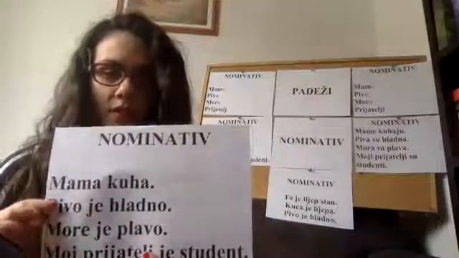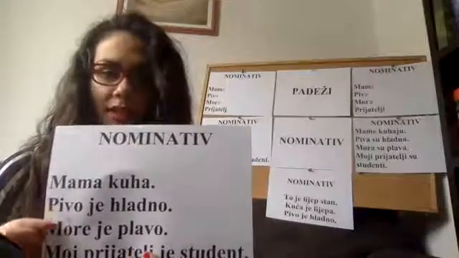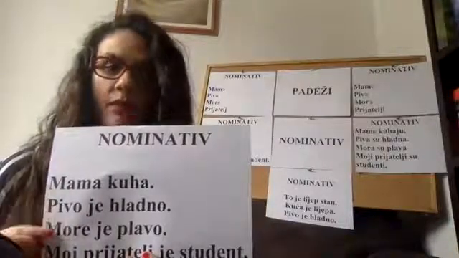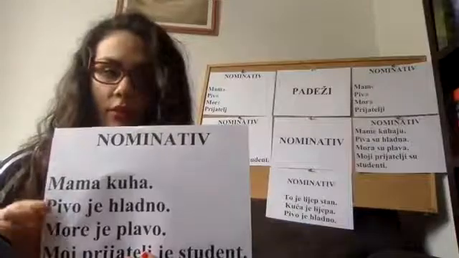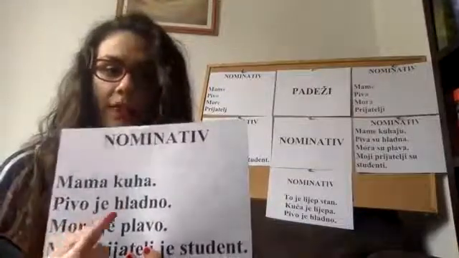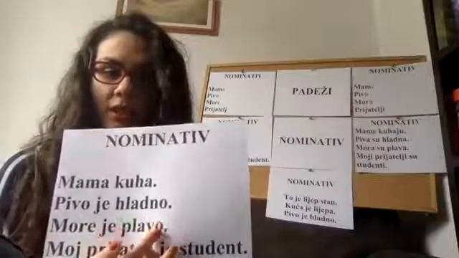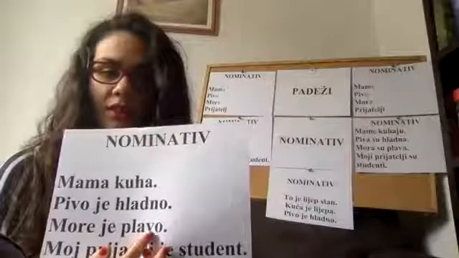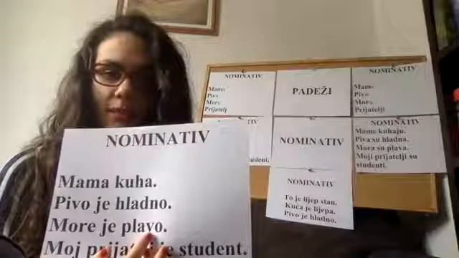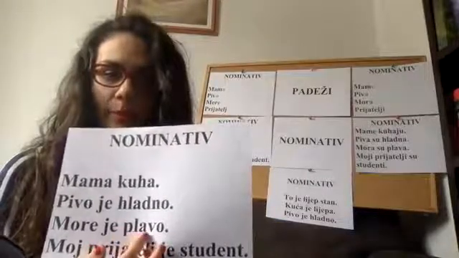Two basic words always stay as they are in nominative case: pivo, more. If you use a basic form, ground form, it's going to be pivo, more. If we use adjectives, you're going to take a look at the last letter here in the ground form.